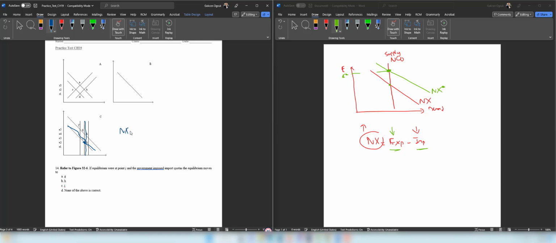Remember, NX is equal to exports minus imports. When there is a quota, imports go down, NX is going to increase and shift to the right. So therefore, the new NCO doesn't change. The new demand curve is going to be this one. And it intersects with the existing supply curve, therefore it's G.